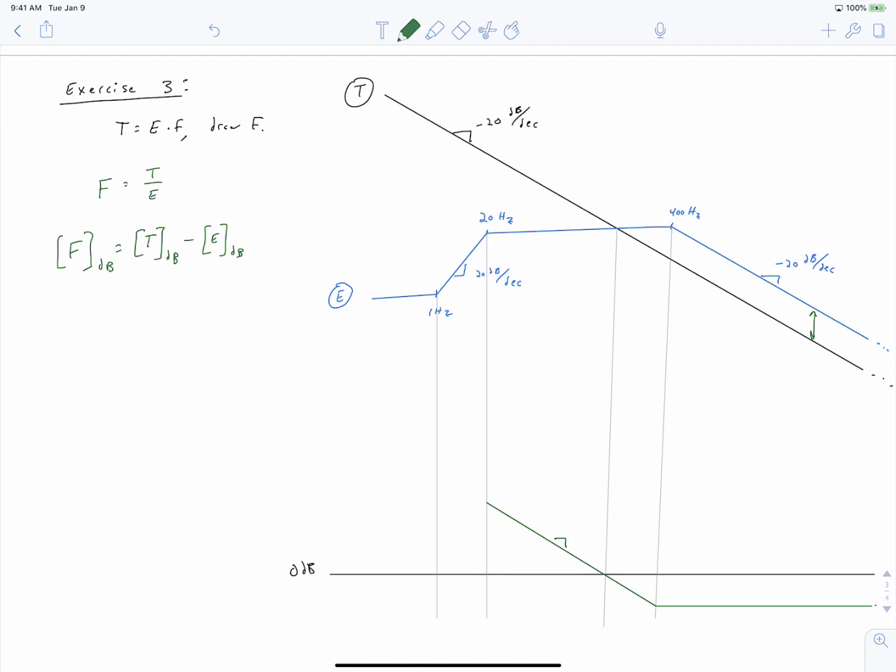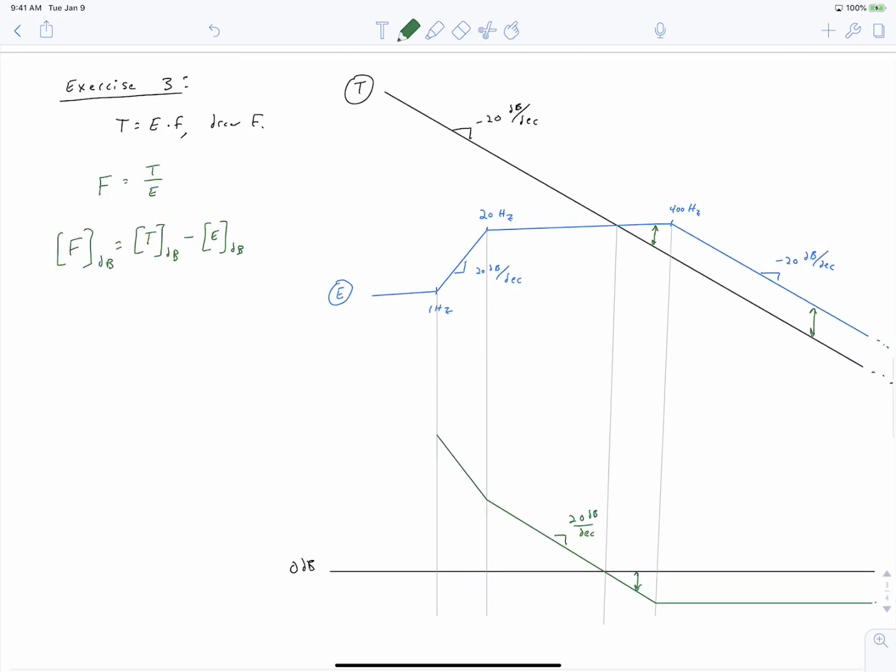So E is increasing in this region at a rate of 20 decibels per decade. And again, at any given point, the value of F is T minus E. And then, at this point, F starts increasing at a rate of 40 decibels per decade. And finally, we resume increasing at 20 decibels per decade.